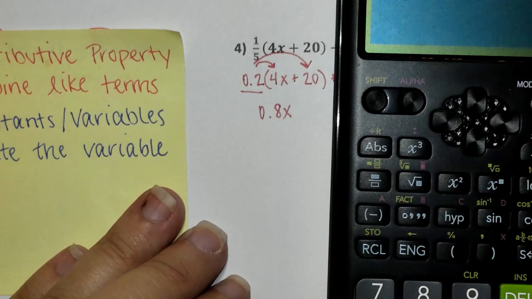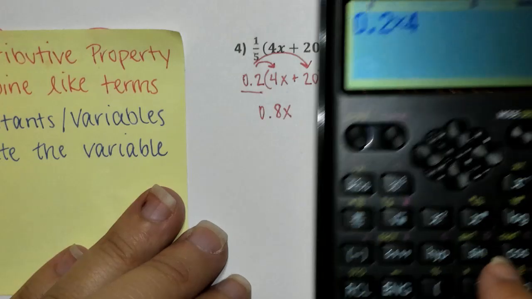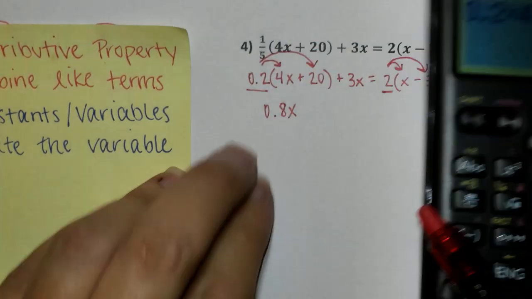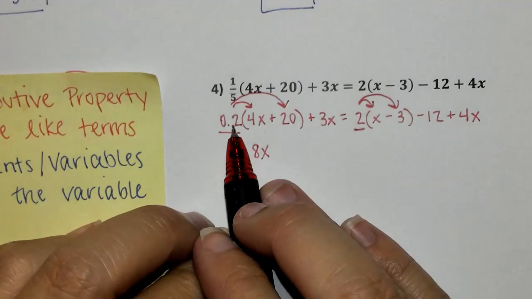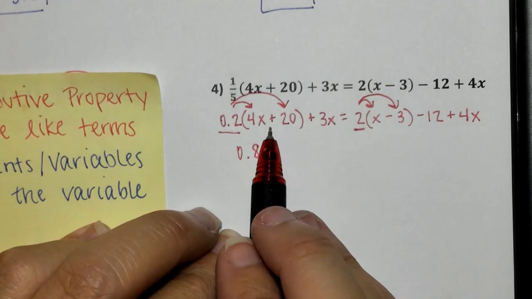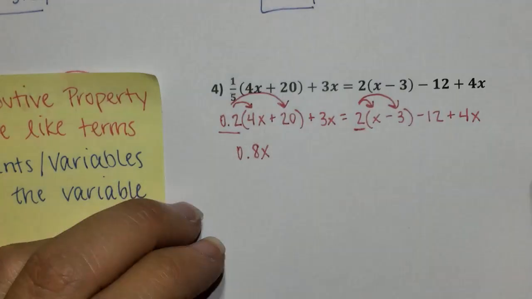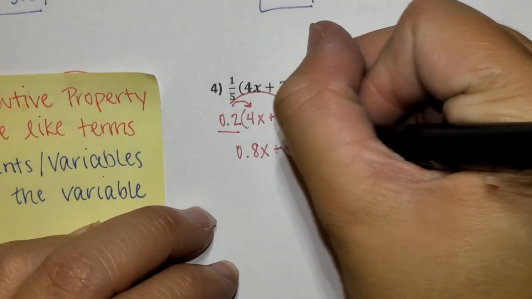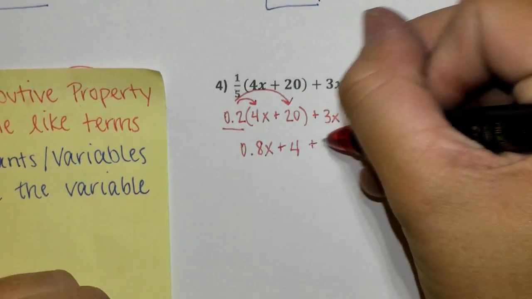So 0.2 times 4 is 4/5, which is 0.8. You can leave it as a decimal. Okay, and then 0.2 times positive 20. So 0.2 times 20 is 4. So this is going to be plus 4 because they're both positive. And then the plus 3x I just bring down.